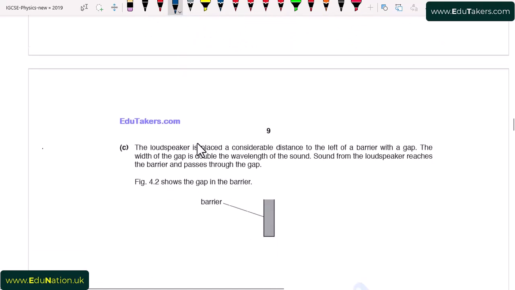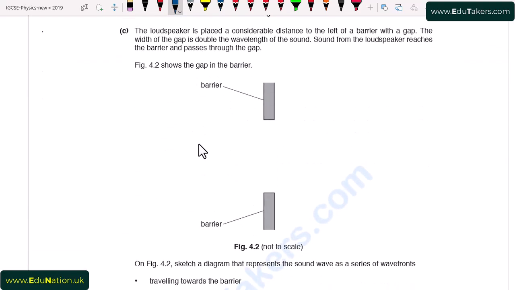So next part is part C. The loudspeaker is placed at a considerable distance to the left of the barrier with a gap. So the loudspeaker is placed on the left side. The width of the gap is double the wavelength of sound.